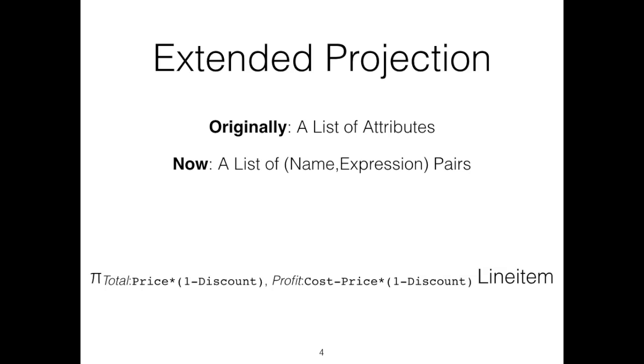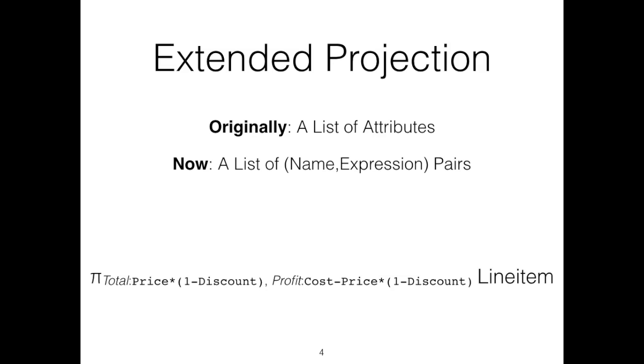Yeah, so your expression, if you wanted to define an expression, or excuse me, every one of these expressions is assigned a name. So that's listed here as the string before the colon.